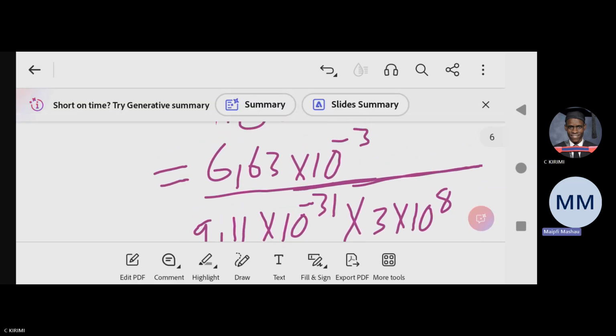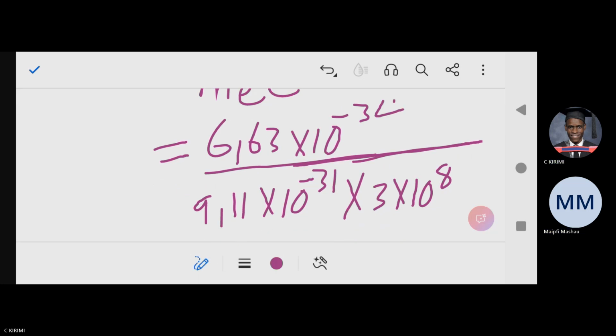I'm still punching, sir. 2.425 times 10 to the power negative 12.